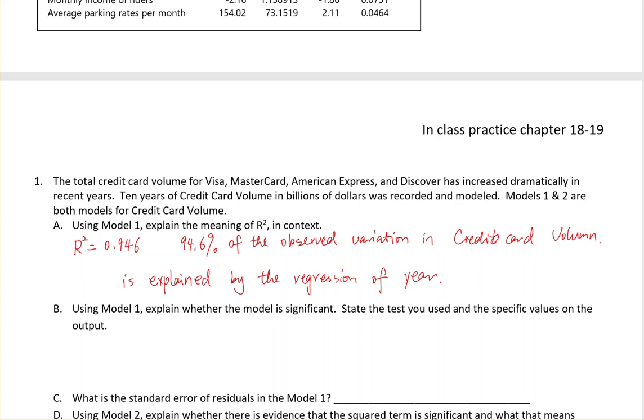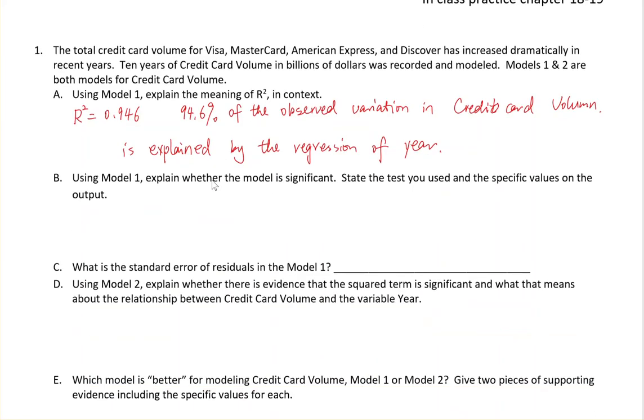So again, we say it shows that the 94.6% of the observed variation in credit card volume is explained by the regression of the year. All right, so this is the first question. It's just to ask you to interpret the R square, right?